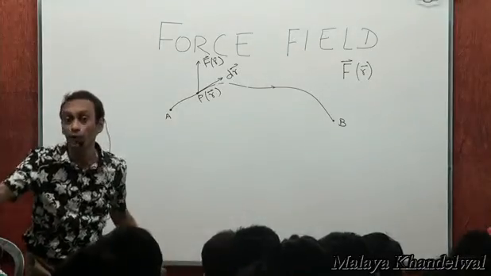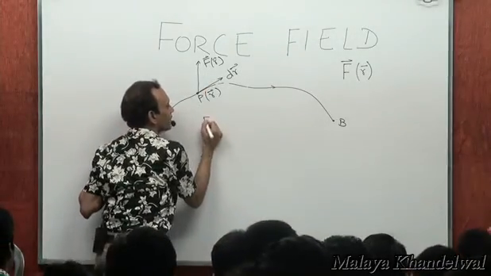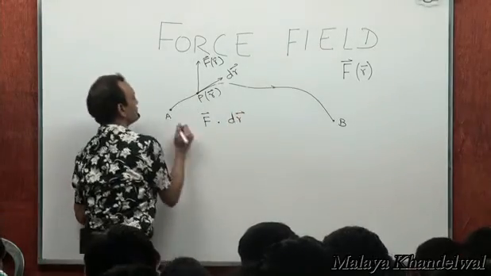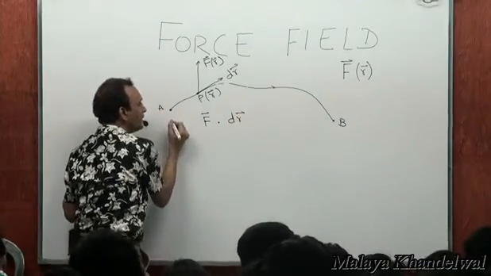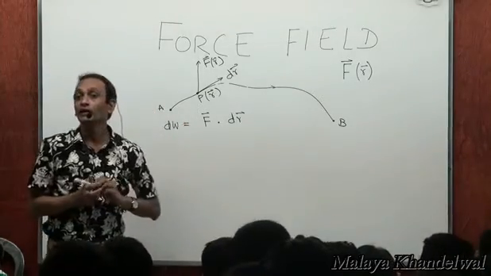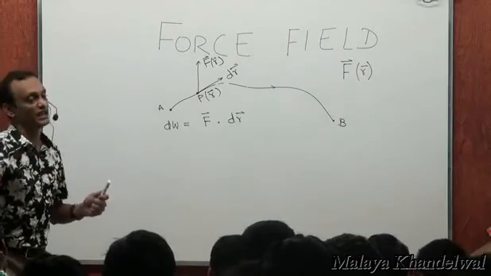To go to its neighboring point, what's the work done by this force? F dot dr. The force at R dot dr is the small amount of work done by the forces of the field in its migration from P to its mathematically neighboring point.